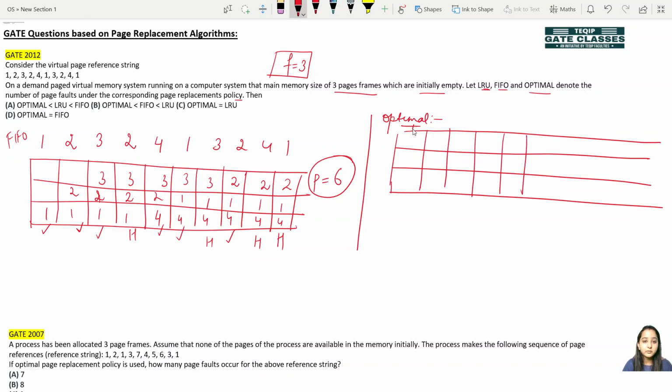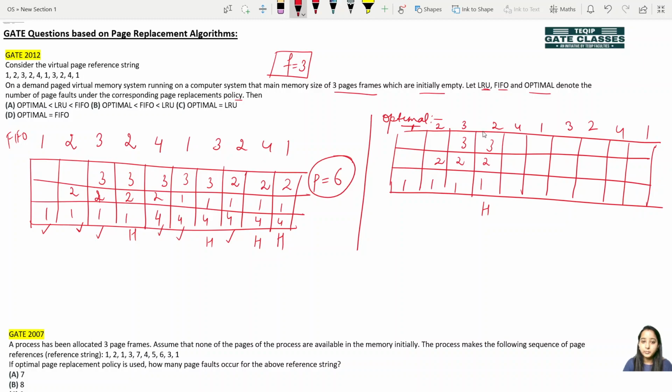The string is 1, 2, 3, 2, 4, 1, 3, 2, 4 and 1. So 1 will be added, not present there. Then 2 will be added, 3 will be added, and 2 is already there, so it is a hit here.